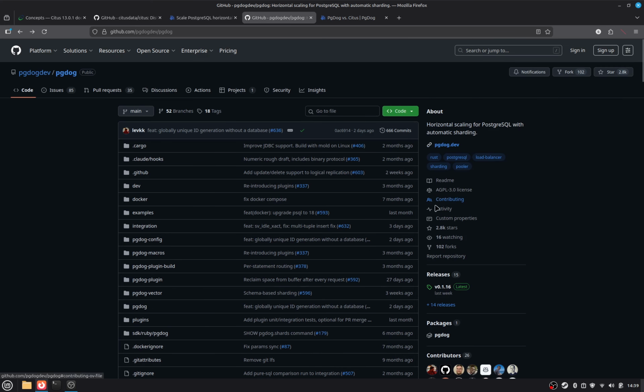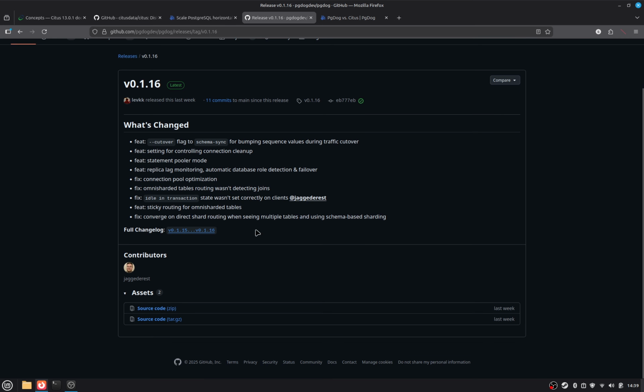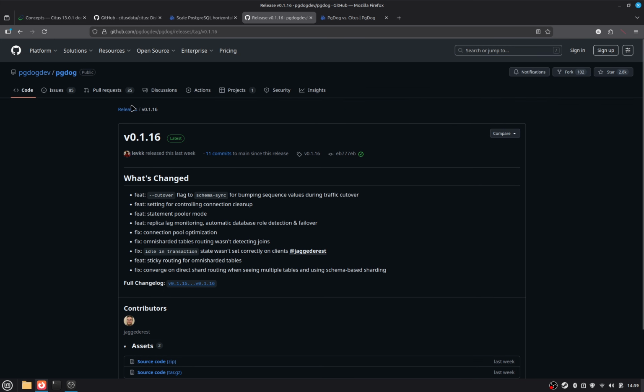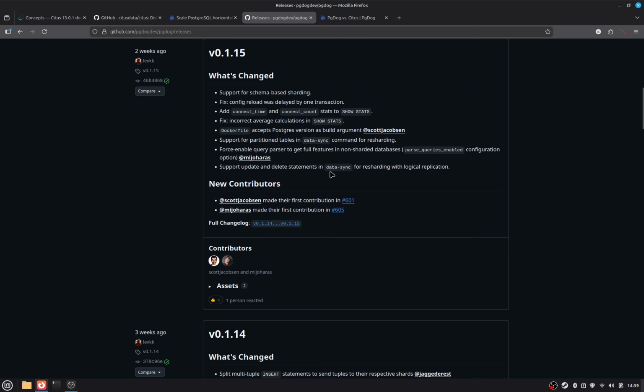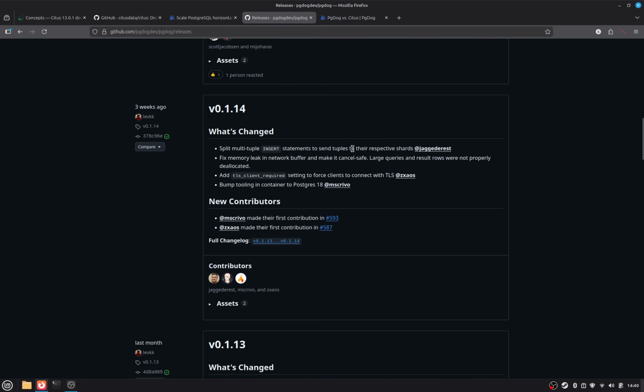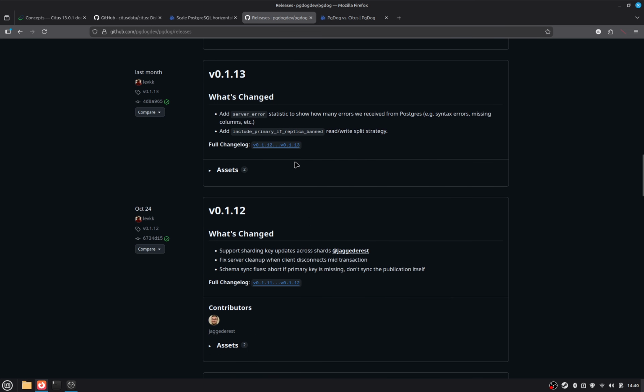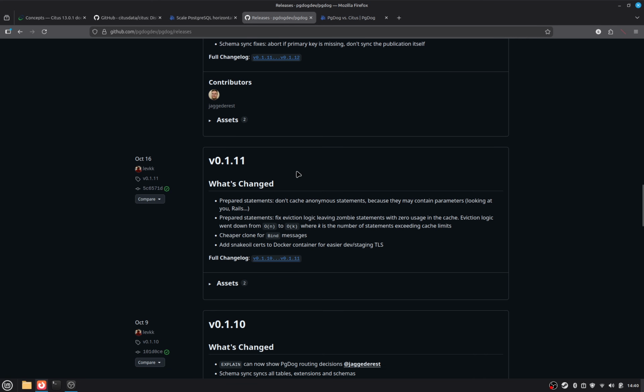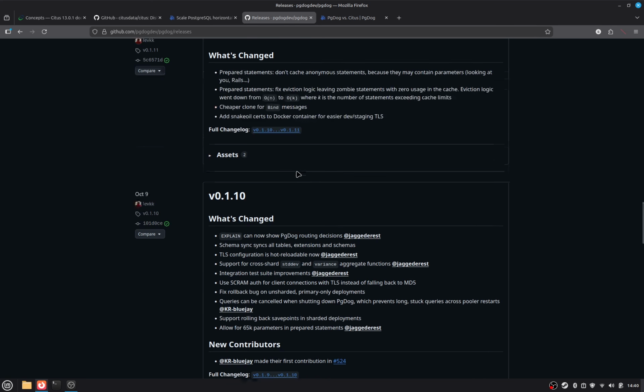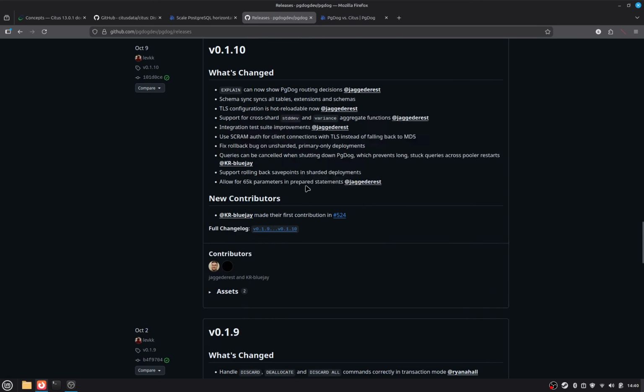And let's look at releases. A release has been made last week, so you can go through the list of releases and what changed and what new support is coming. I don't know if a lot of features are there, because personally I have not used PgDog yet, but I expect that in very little time it should become stable with a lot more features.